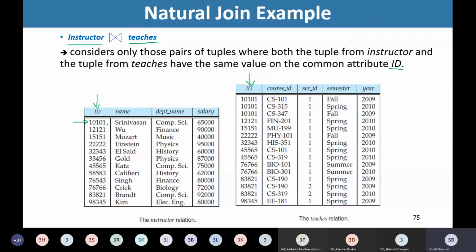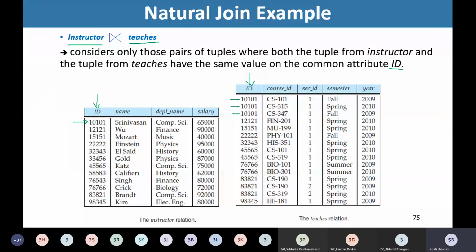What is the ID? 10101. This natural join will find all the tuples from teachers relation wherein the ID value is 10101. So how many tuples are there with ID 10101? 3 tuples. 1, 2 and 3.